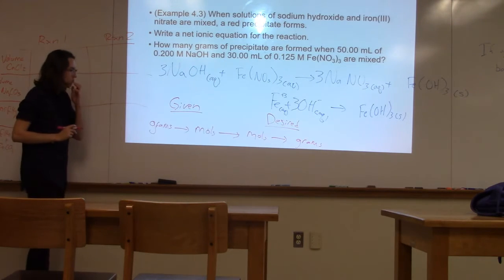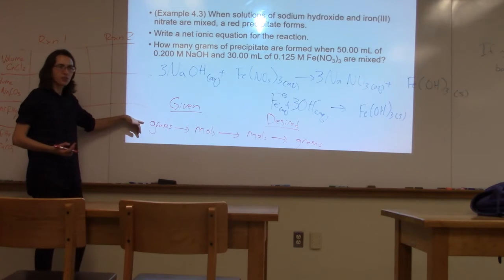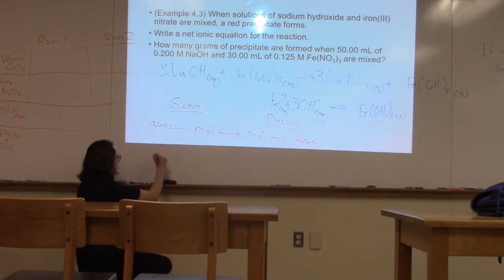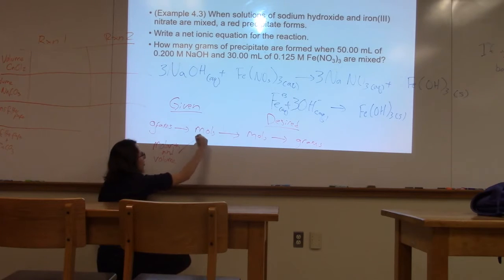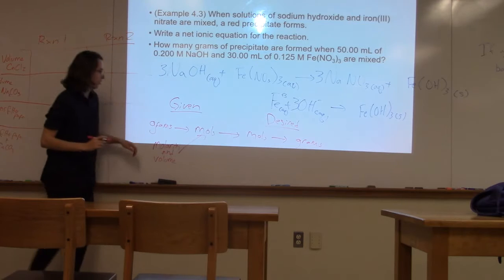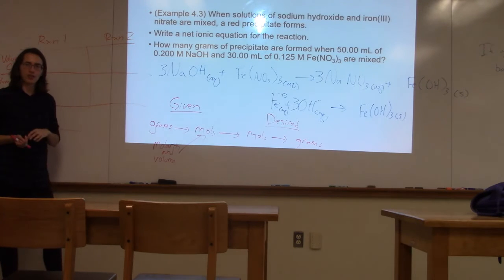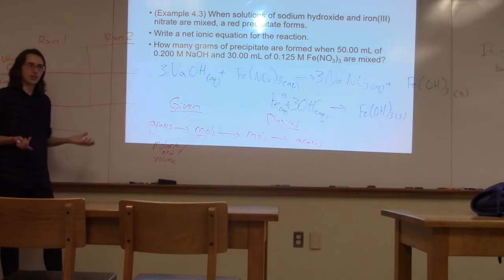Precipitation reaction problems have the same kind of idea, except that we don't have grams. What we have is molarity and volume. I'm going to use that to get to moles. Molarity is moles per liter, and volume is in liters.